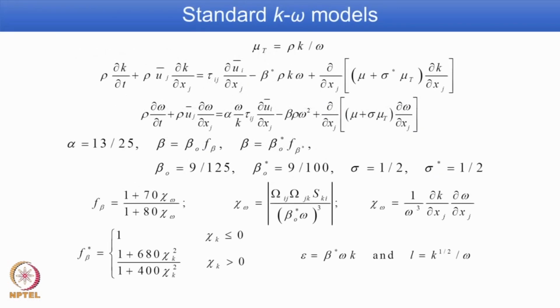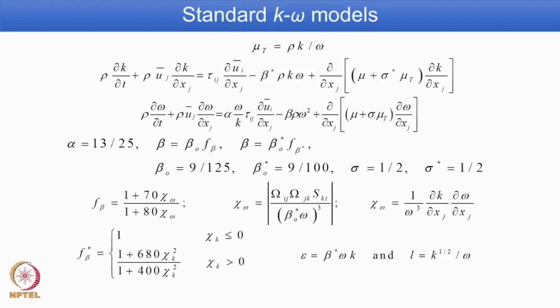We are going to see another standard model, the standard K omega model. Mu t is related as shown here, rho K over omega. The equation for K and the equation for omega are shown here. It again has different sets of constants and so on. It is not possible to go through details of the derivation. The intention here is only to introduce turbulence model equations, and I am showing the standard K omega model equation here.